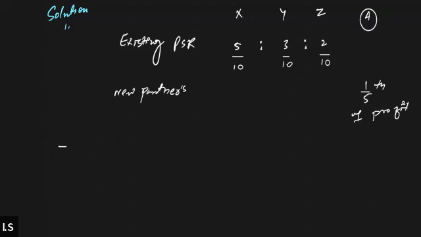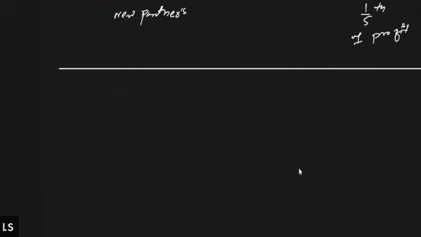Now let's start with the calculation. Since it is written there that Mr. A, who is a new partner, will be acquiring 1/5 share of the profit, we don't know the total amount of profit, and we don't know how much profit he will be getting.